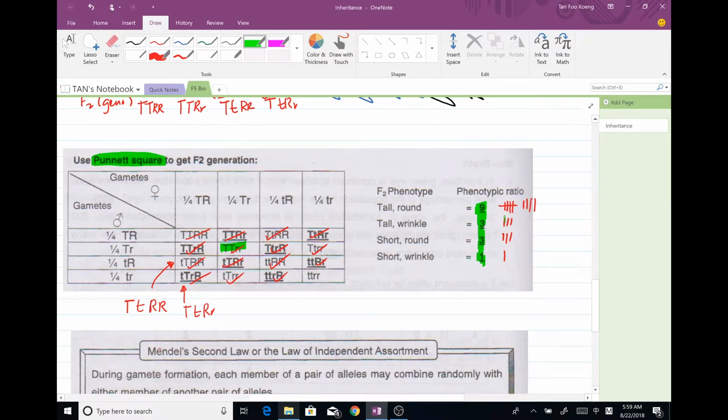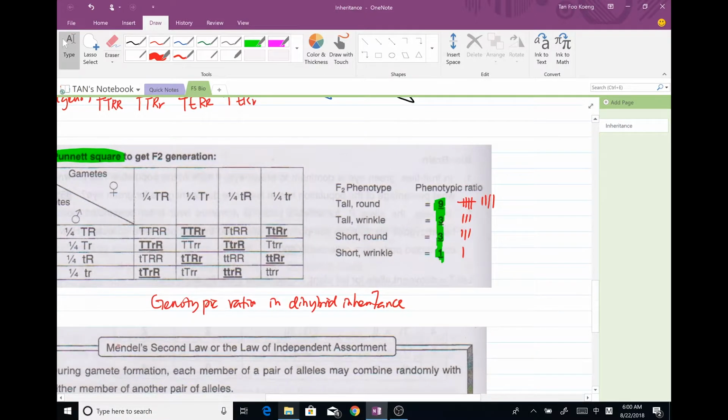Will you be asked the genotypic ratio in dihybrid inheritance? The answer is no, because if you were to list down the genotypic ratio in dihybrid inheritance, then it will be extremely long.